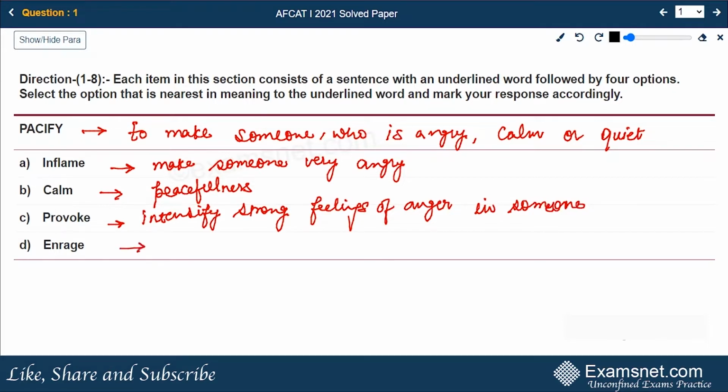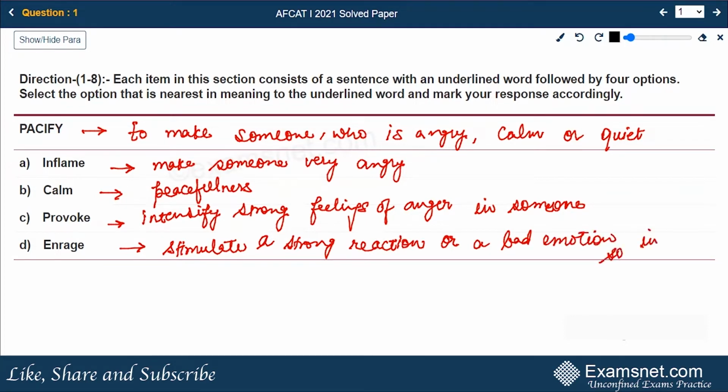Enrage means to give rise to some strong reaction or emotion in someone, to stimulate a strong reaction or a bad emotion in someone.